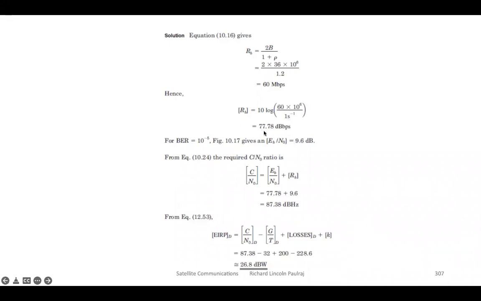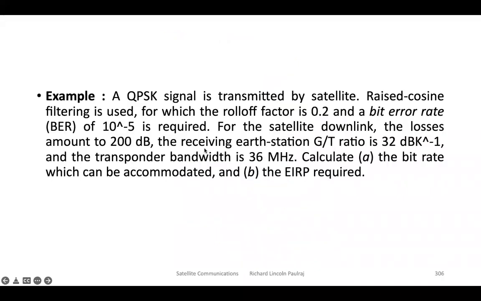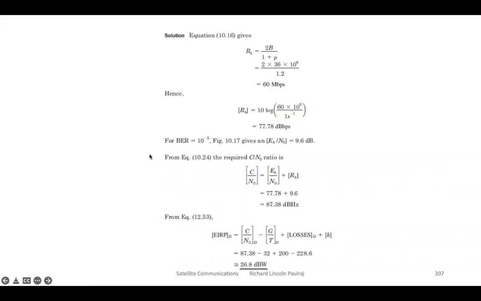When I convert it, it becomes about 77 dB bits per second. Now BER was given as 10 raised to minus 5, right? You can see here bit error rate is about 10 raised to minus 5.